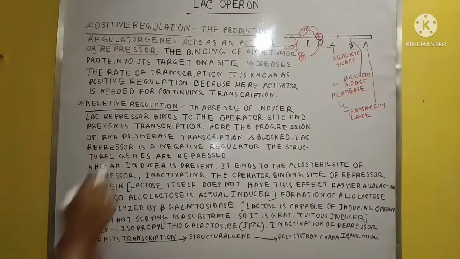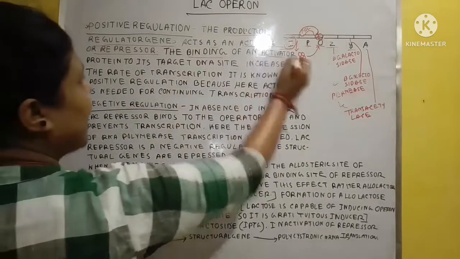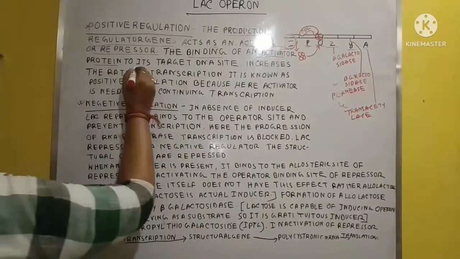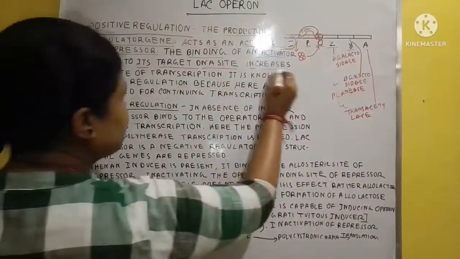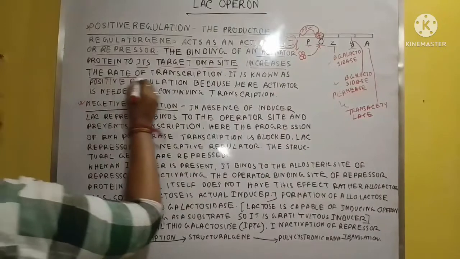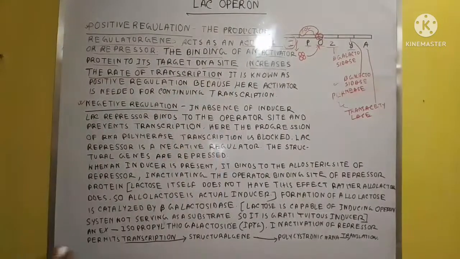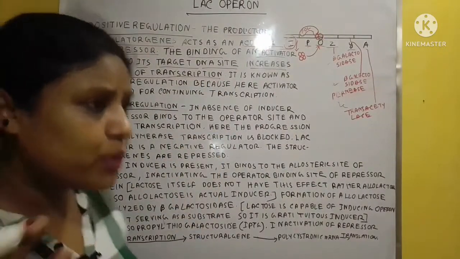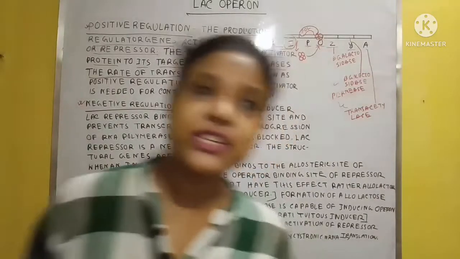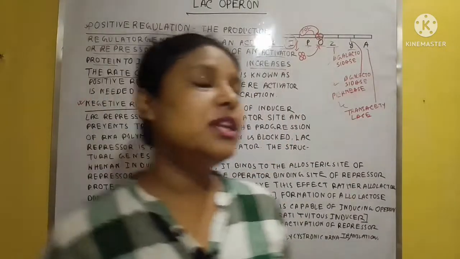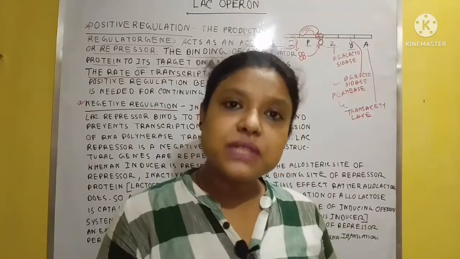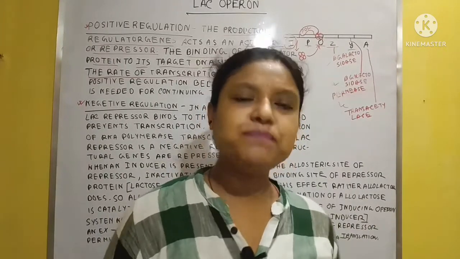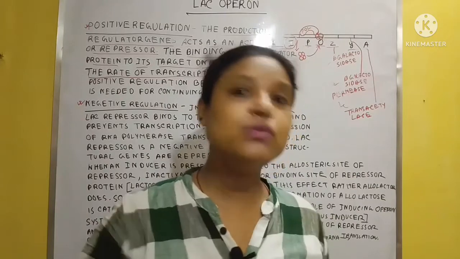The binding of an activator protein to its target DNA site increases the rate of transcription. In that case, the protein that is produced by the regulator gene is known as the activator, because its presence is very helpful to continue the process.